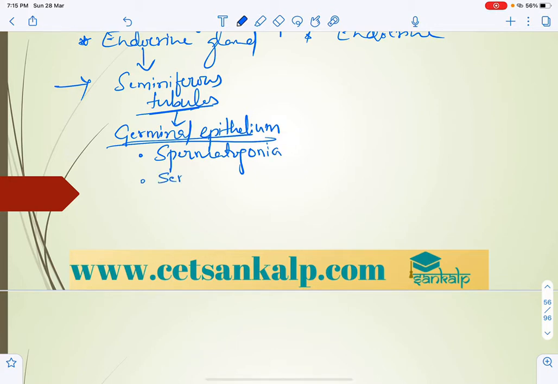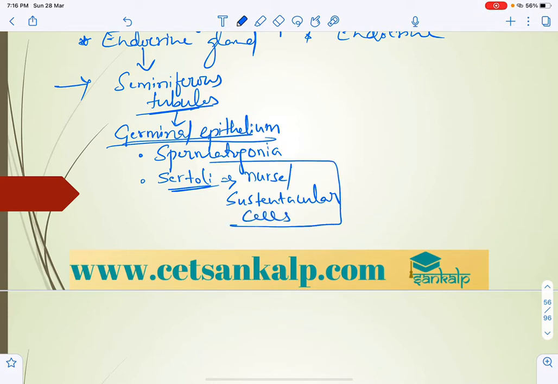Spermatogonia and the Sertoli cells. These Sertoli cells provide nourishment, they act as nurse cells, or you can say sustentacular cells.